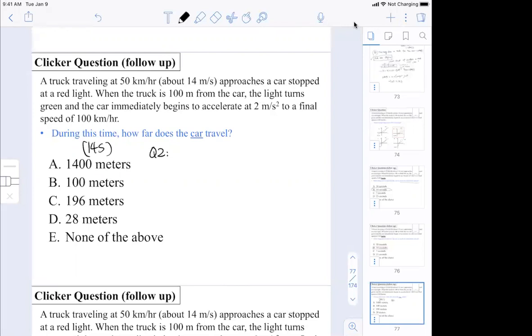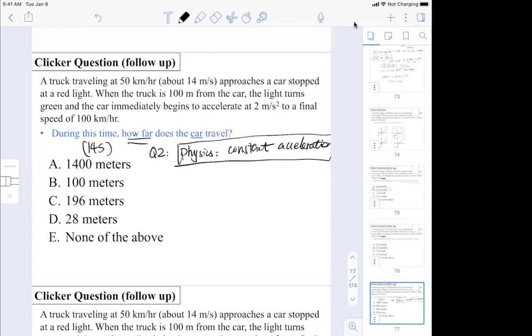And again, I want to choose the physics. The same kind of physics applies. So the physics of this problem is still a constant acceleration type of motion. Once I decide on the physics, I can figure out the relevant mathematical relationships. Now I want to know how far it travels. It's asking me about the position.